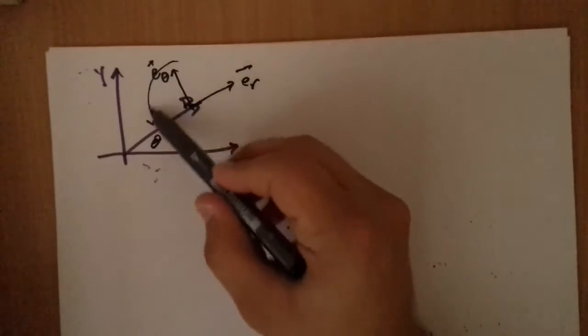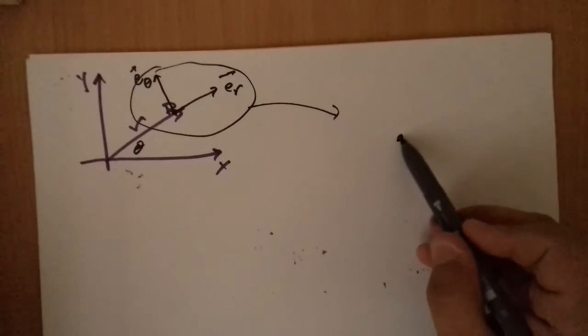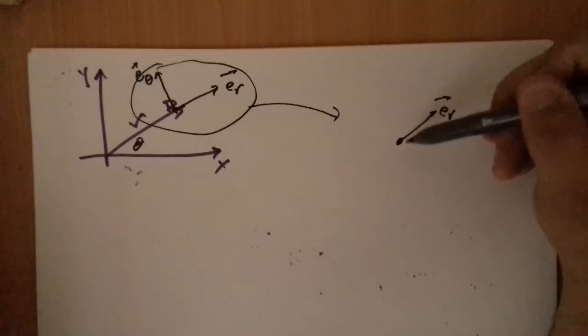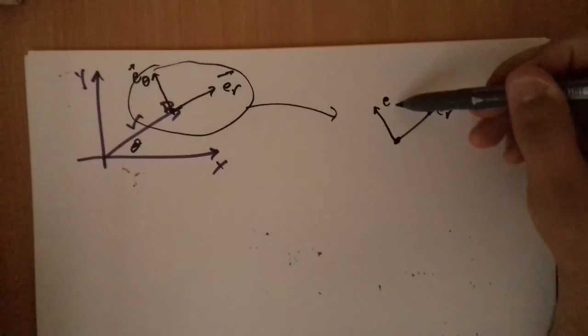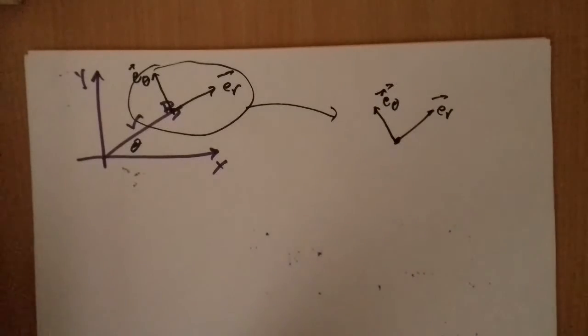and we can zoom in on only this one. We have here e r and e theta, or like this. And we are going to change those two a little bit.